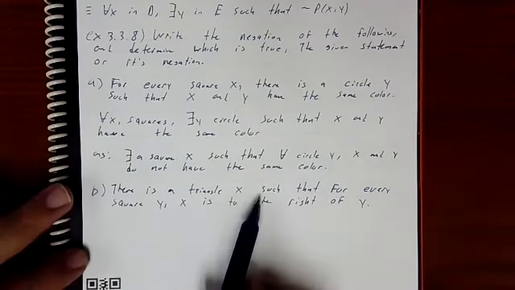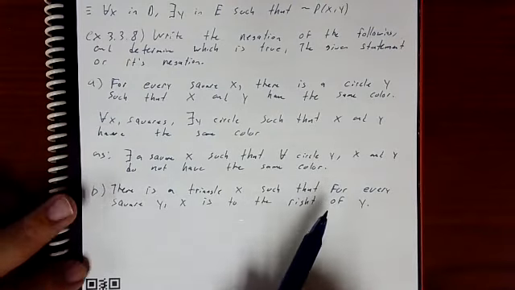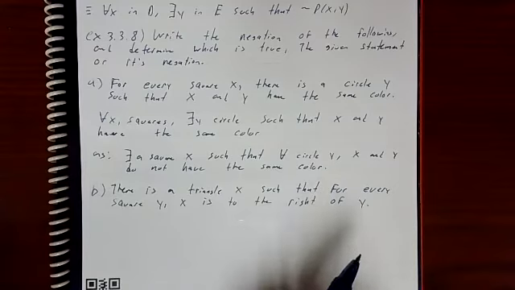Okay, so there's a triangle x such that for every square y, x is to the right of y.